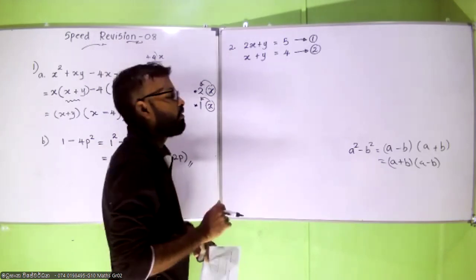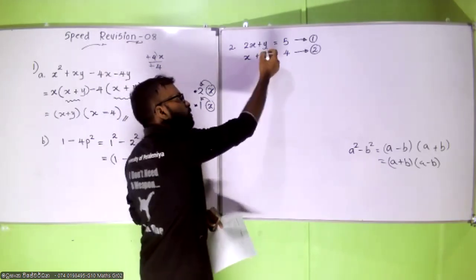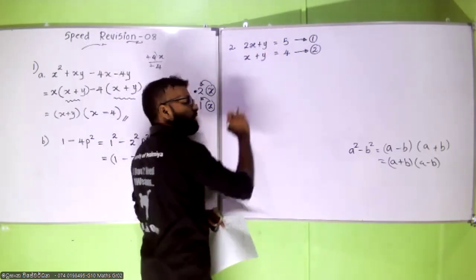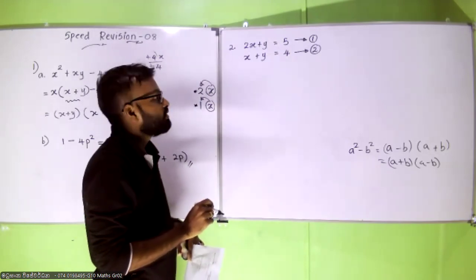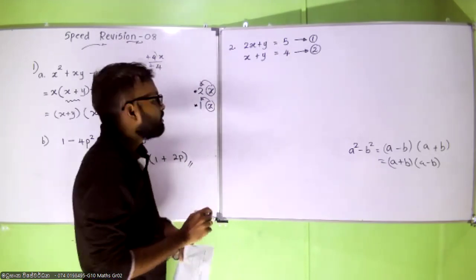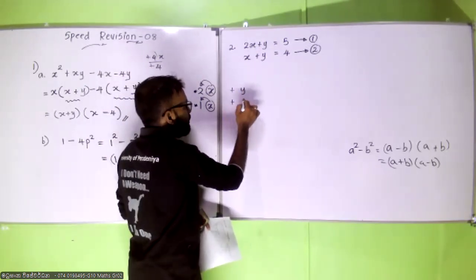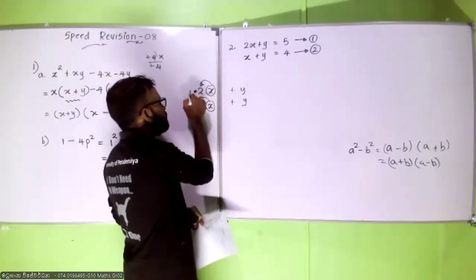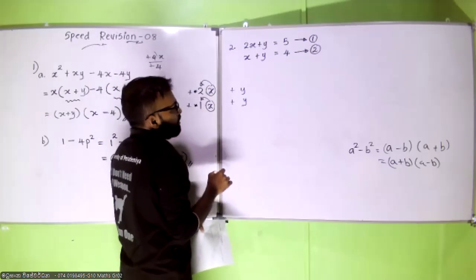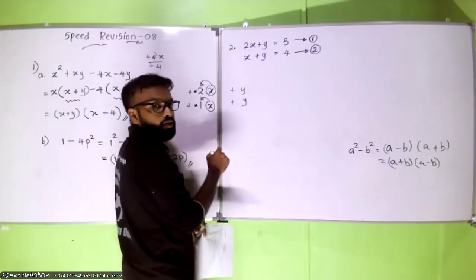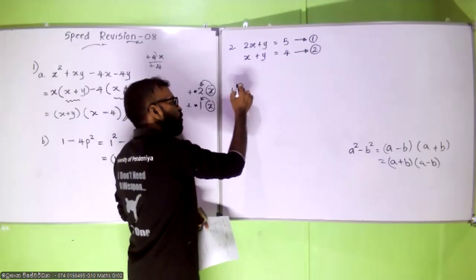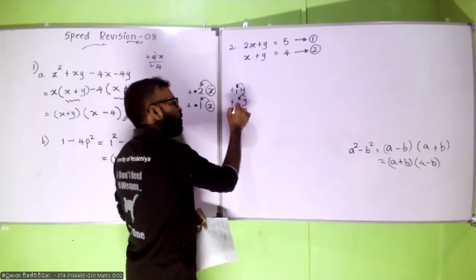So you are going to take care of y. You are going to consider y. Now let's see. So here you have plus y and plus y. What about the coefficient of y? 1.